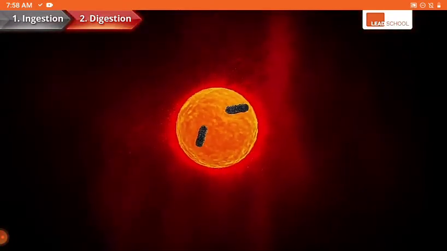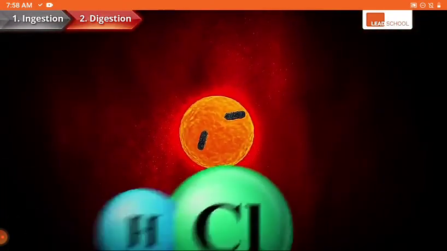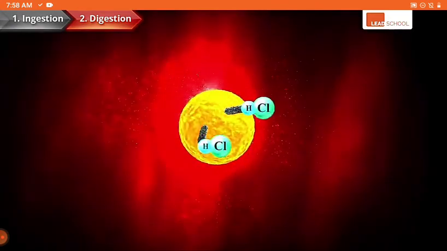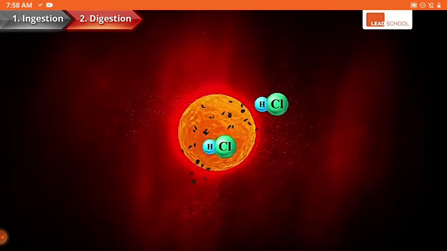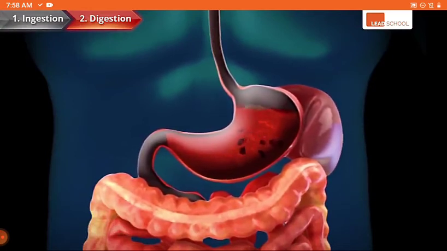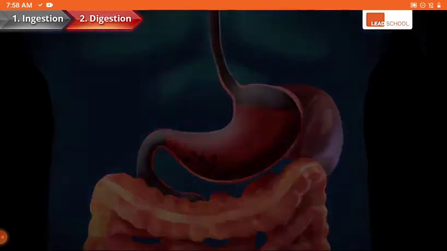The hydrochloric acid kills any germs that might be present in the food, while the digestive juices break down proteins into smaller molecules. The acid also provides the right conditions for this breakdown to occur. Interestingly, hydrochloric acid doesn't kill the nutrients in the food.